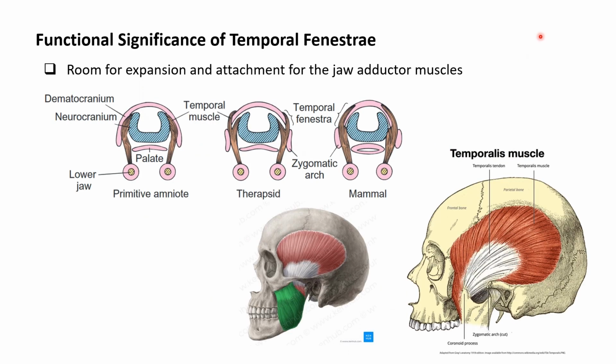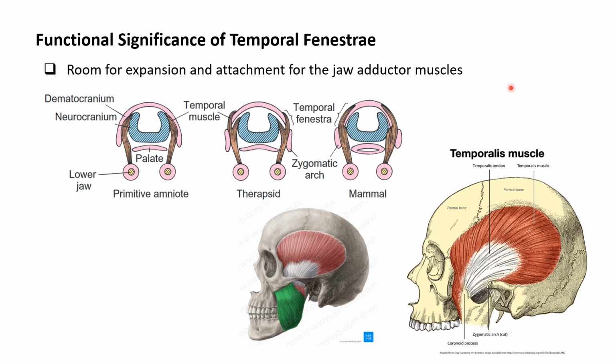What is the importance of a temporal fenestra? With the growing importance of biting and chewing as a mode of feeding in amniotes, muscles that close the jaws, called adductor muscles, expanded and differentiated.